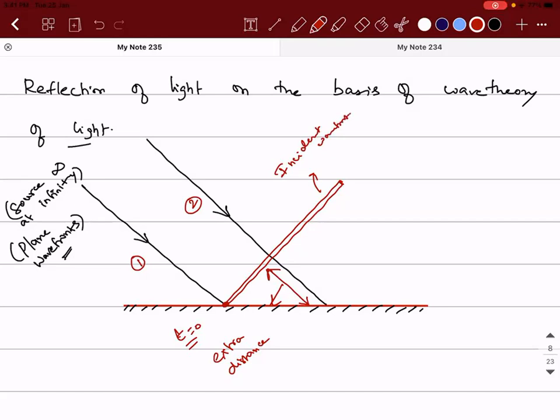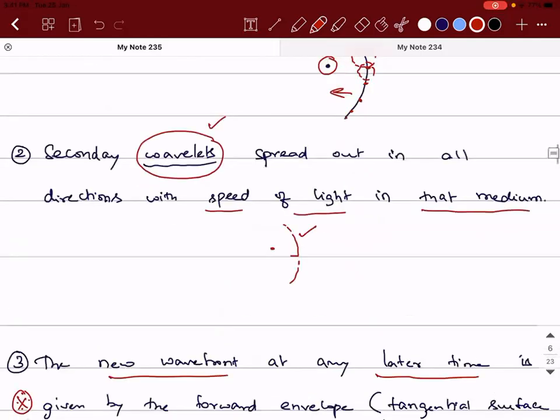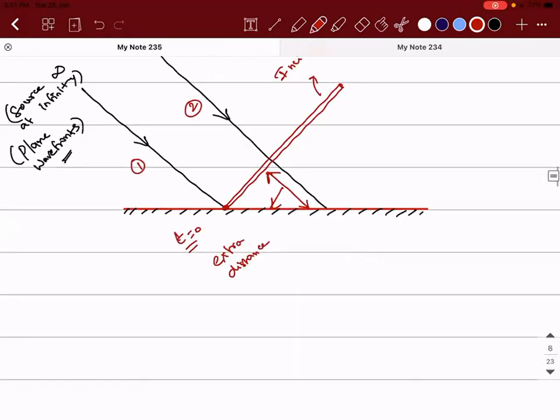Now comes the theory: each point on the wavefront acts as a source of new disturbance called secondary waves or wavelets. The wavefront is already formed, so from this wavefront there will be wavelets getting generated like this.